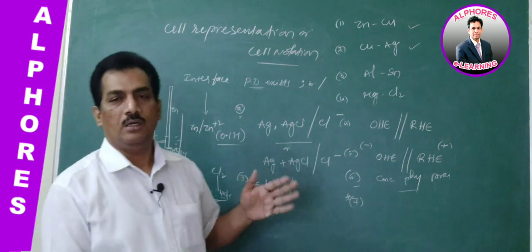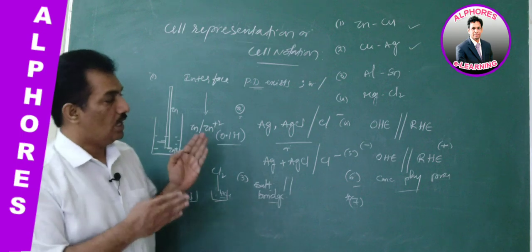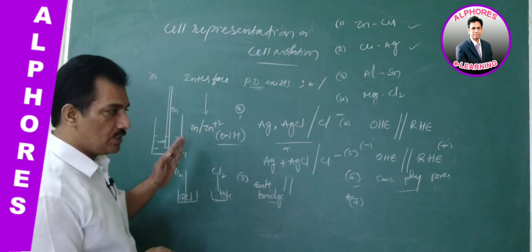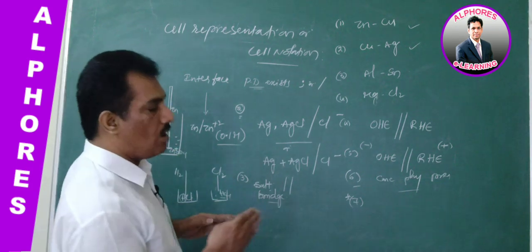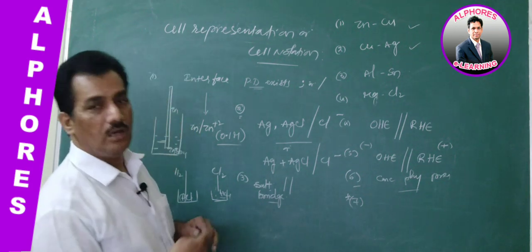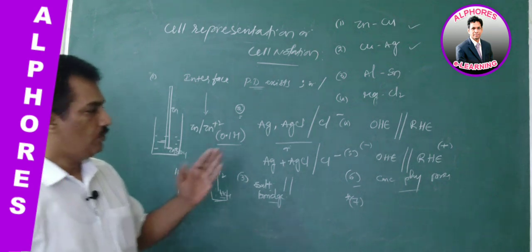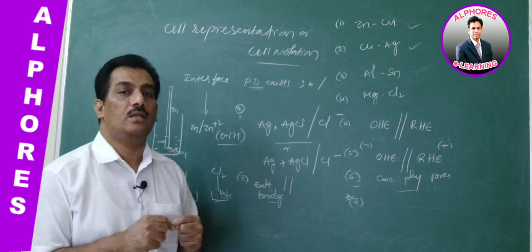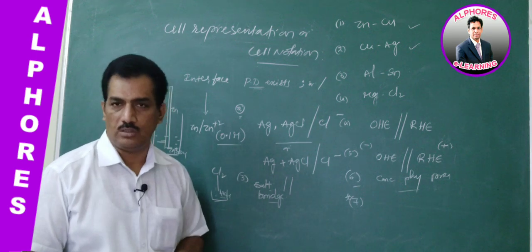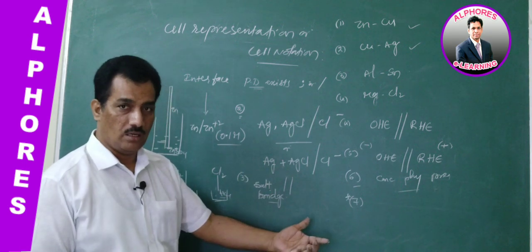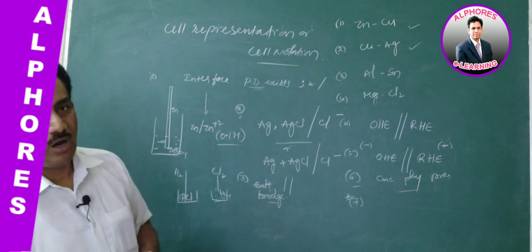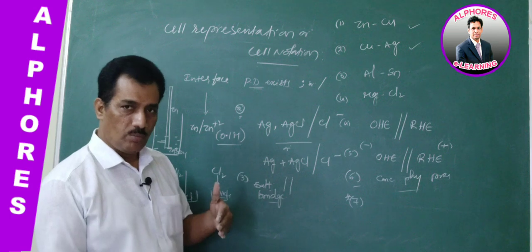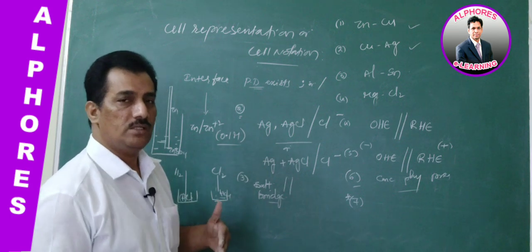Fourth, in cell notation, as per the IUPAC convention, the oxidation half electrode should always be represented on the left side and the reduction half electrode on the right side. Fifth, the oxidation half electrode can also be represented with a negative sign, as it develops negative charge in this electrochemical cell, and the reduction half electrode with a positive sign, as it develops positive charge.